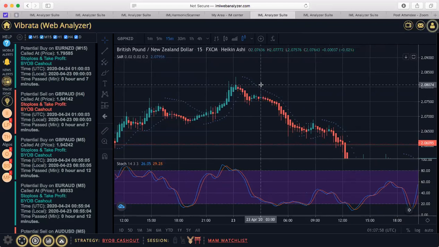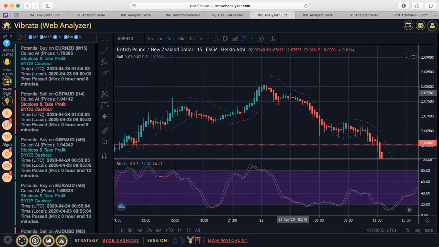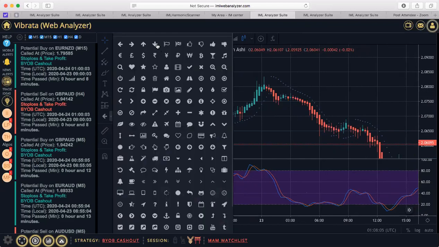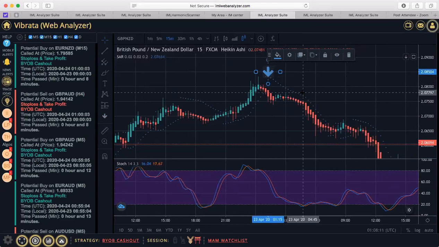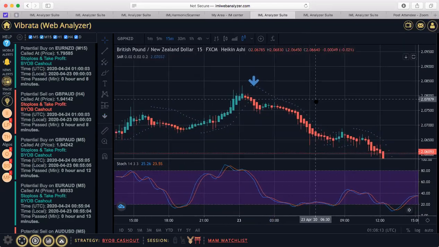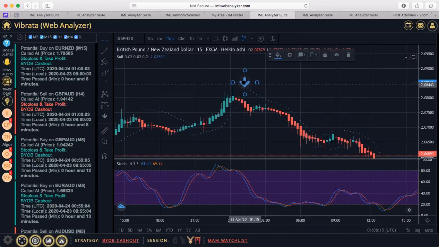As we come over here and look at what the BYOB cash out is, I'm going to drop an arrow on here because I want you to be able to stay with me as we go through time frames. I want you all to see what I see and understand what I'm looking at.